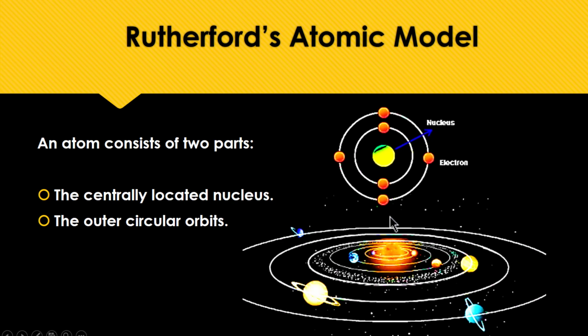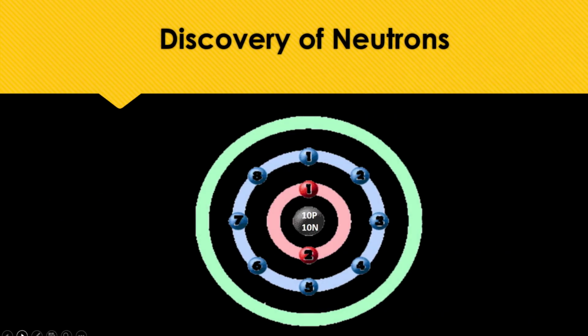Next comes the third subatomic particle, that is, the discovery of neutrons. The mass of an atom was in fact considered to be entirely concentrated within the nucleus in the form of protons, since the mass of electrons is very negligible.